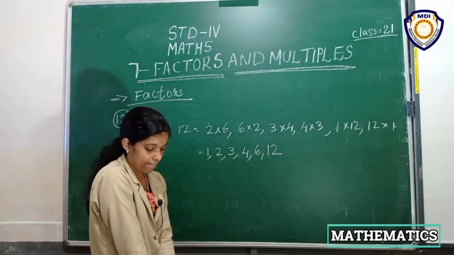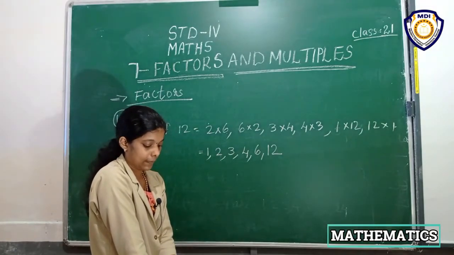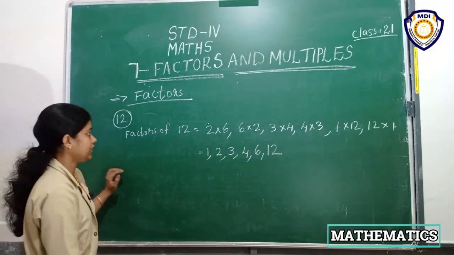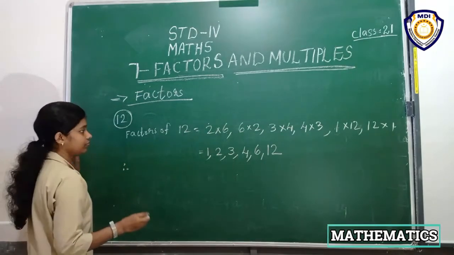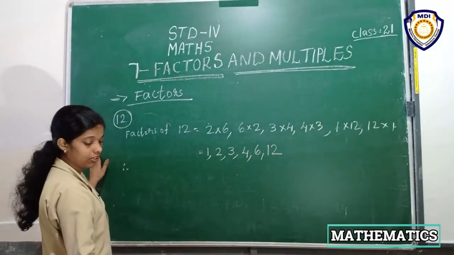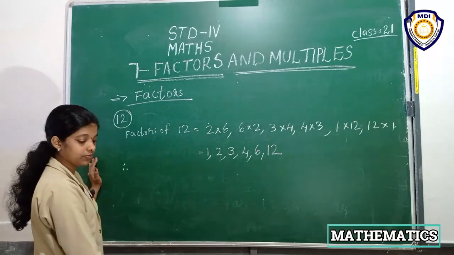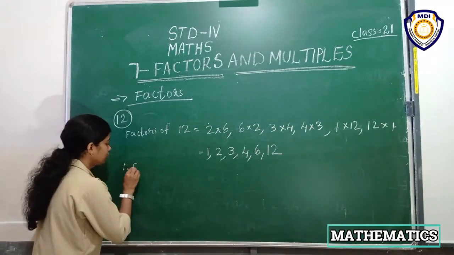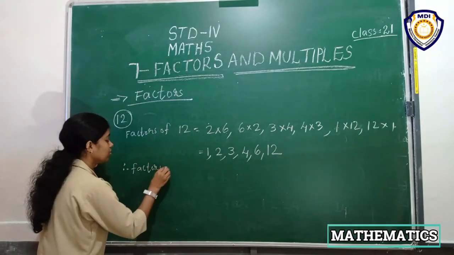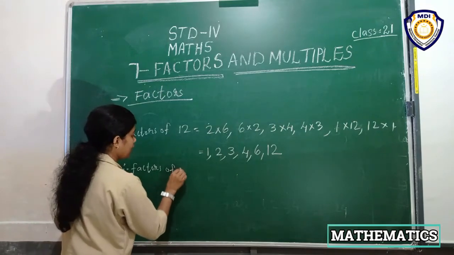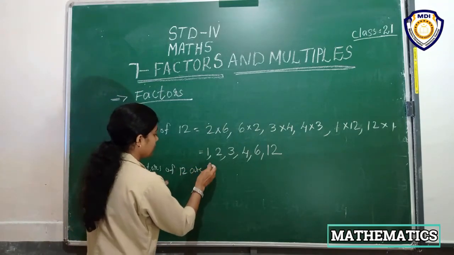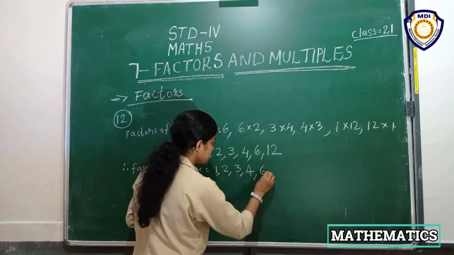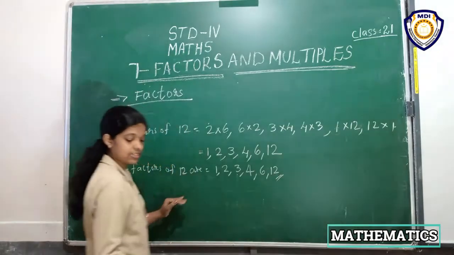Therefore, factors of 12 are 1, 2, 3, 4, 6 and 12. Write it.